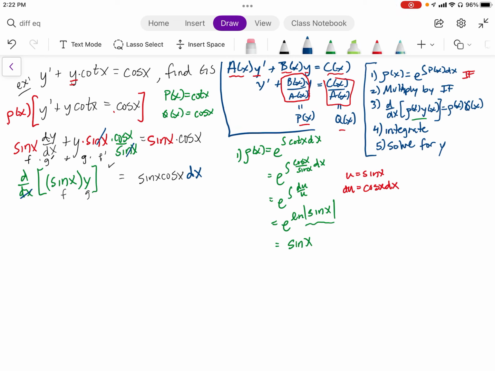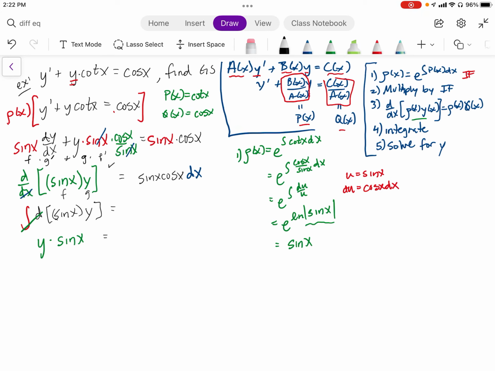We do have to worry about this constant and whatnot, but that's taken care of on the right. So what am I saying? I'm saying this integral of this derivative cancels.